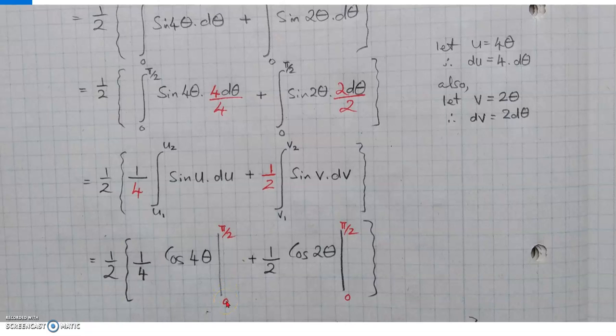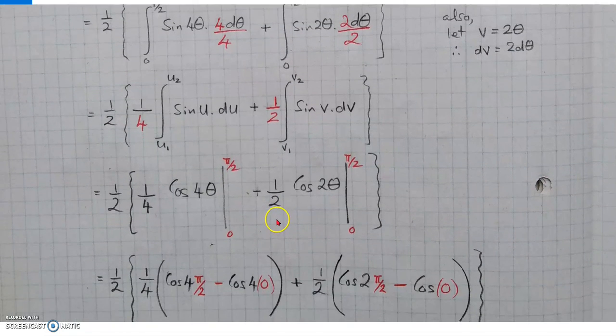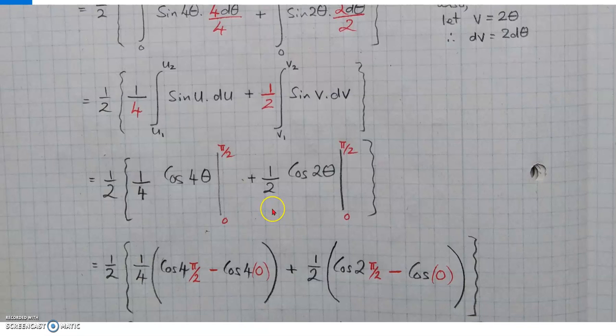Nonetheless, each one of these, you now put the proper limits back in, 0 and pi over 2, 0 and pi over 2, and now you substitute these limits in instead of theta there, and so on with the 0 limit down there as well. So your next line will look like the following. You've still got your half out here, you've got your squiggly brackets.